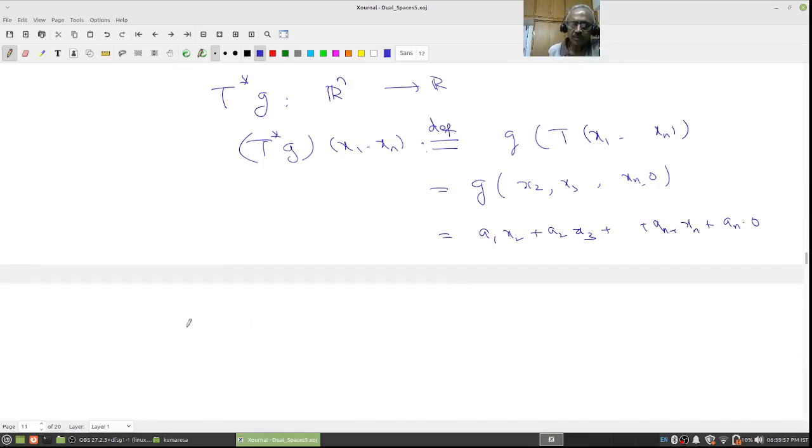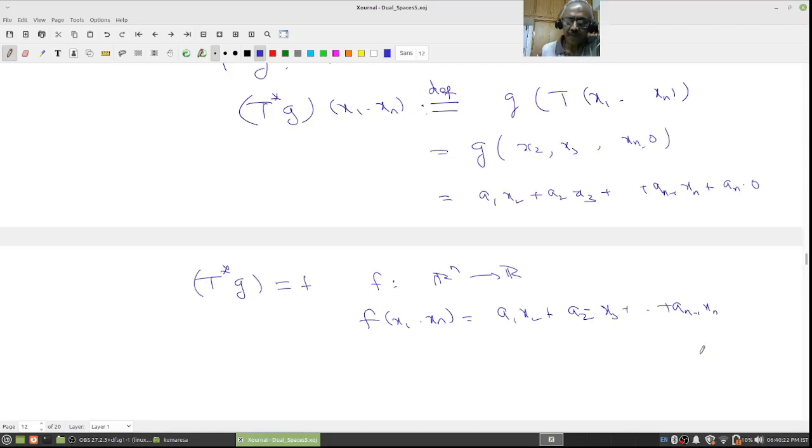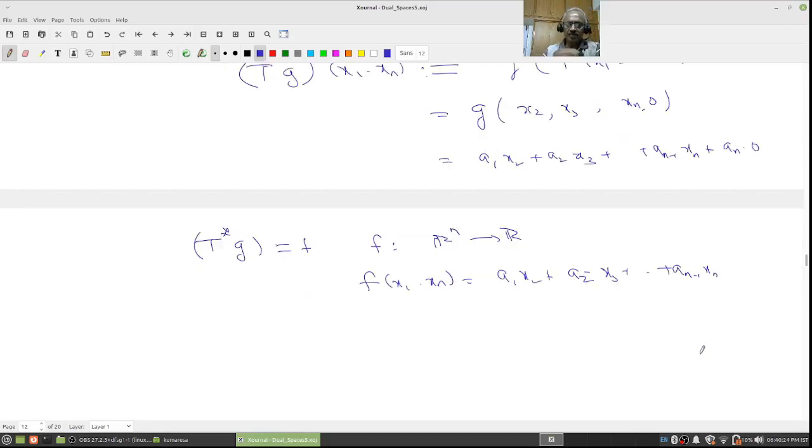You understood that? Therefore T star of G is this map F, where F is from Rn to R. What does it do? F of x1, x2, xn, it maps it to a1 x2 plus a2 x3 plus an minus 1 xn. That's it. Okay. So we found out what is T star.